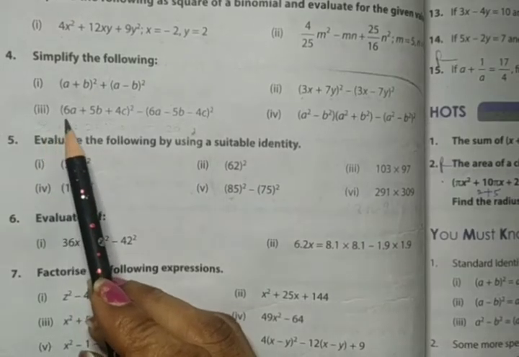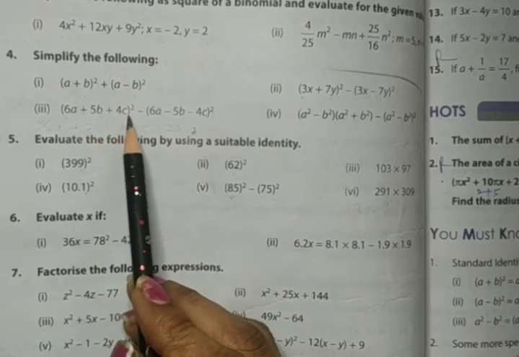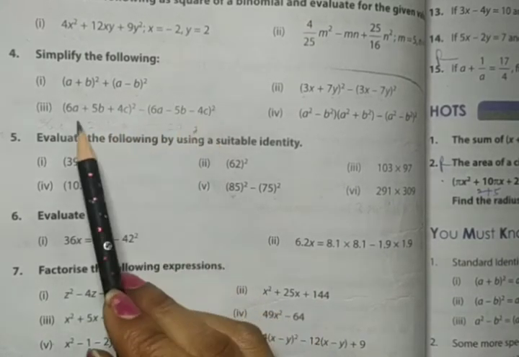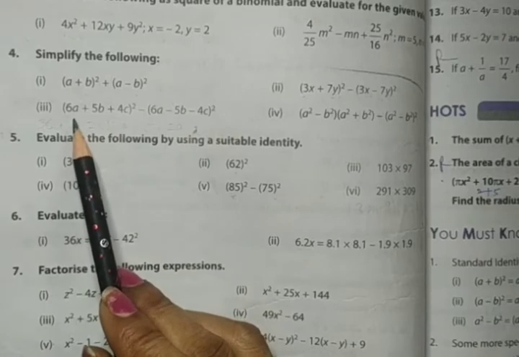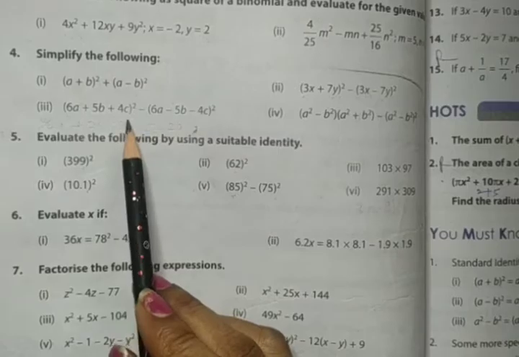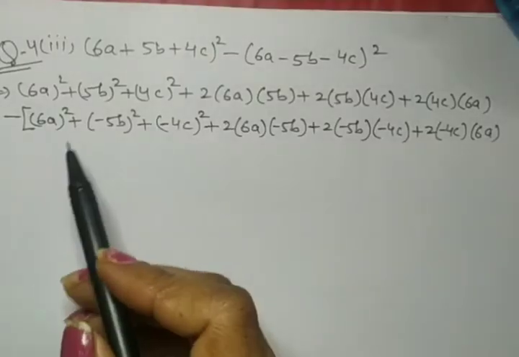Part 3: (6a plus 5b plus 4c) whole square minus (6a minus 5b minus 4c) whole square. Just use the expansion of the square of a trinomial. Let's see how we will do this question.